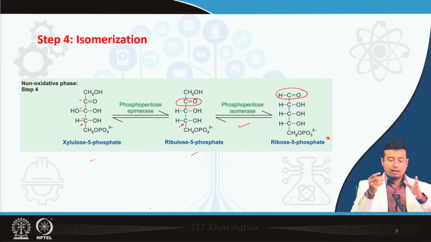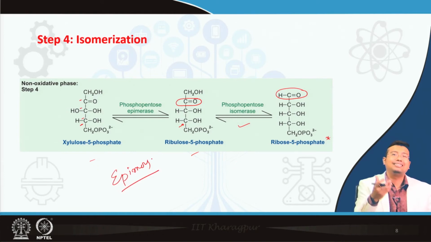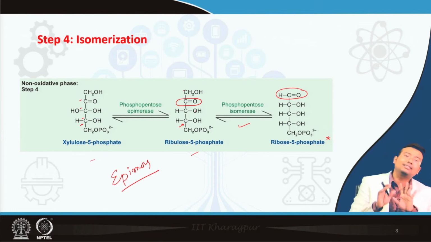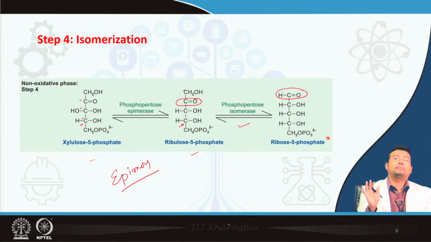Okay. So, ribulose 5-phosphate and xylulose 5-phosphate are epimers because HOH is changing in an intermediate carbon other than the end carbons, and the enzyme is epimerase. Basically, it is a special type of isomerase where there is an intramolecular shifting of bonds, right. So, next step is isomerization.